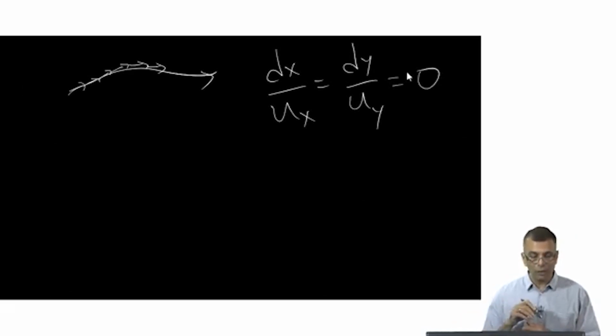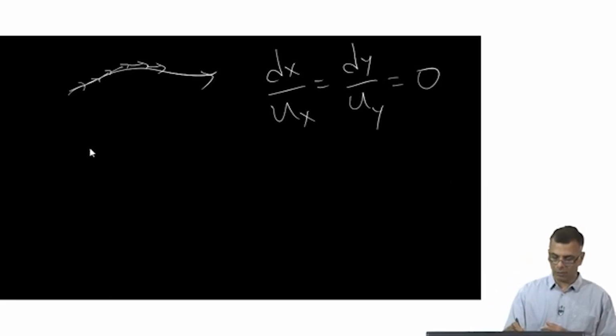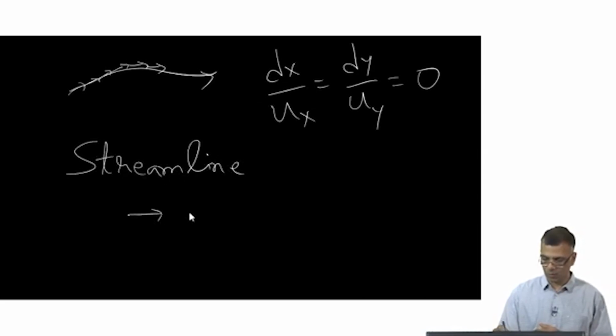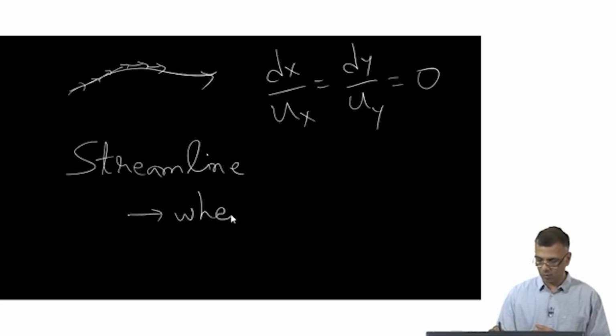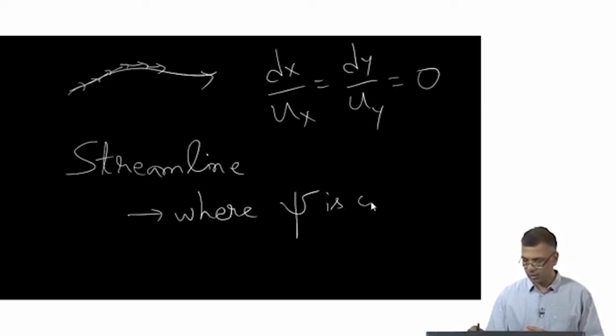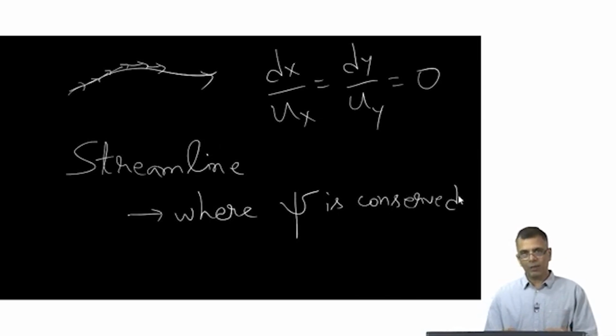You can also write a streamline as one where the stream function psi is conserved. In other words, each streamline has a particular value for psi. Psi labels a streamline.